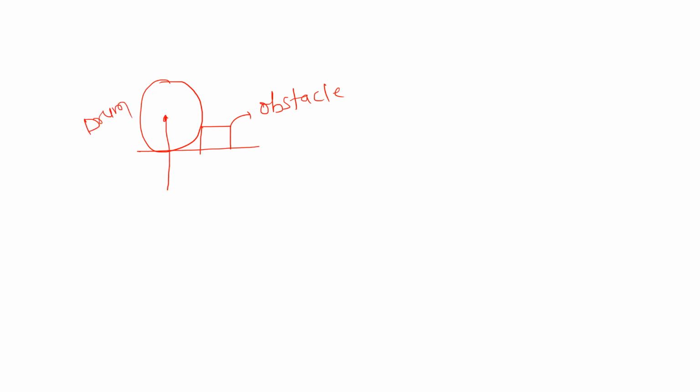This is your center of mass, so the weight should act downward, and here we apply a force P at an angle theta. So how can you determine the free body diagram in this case?